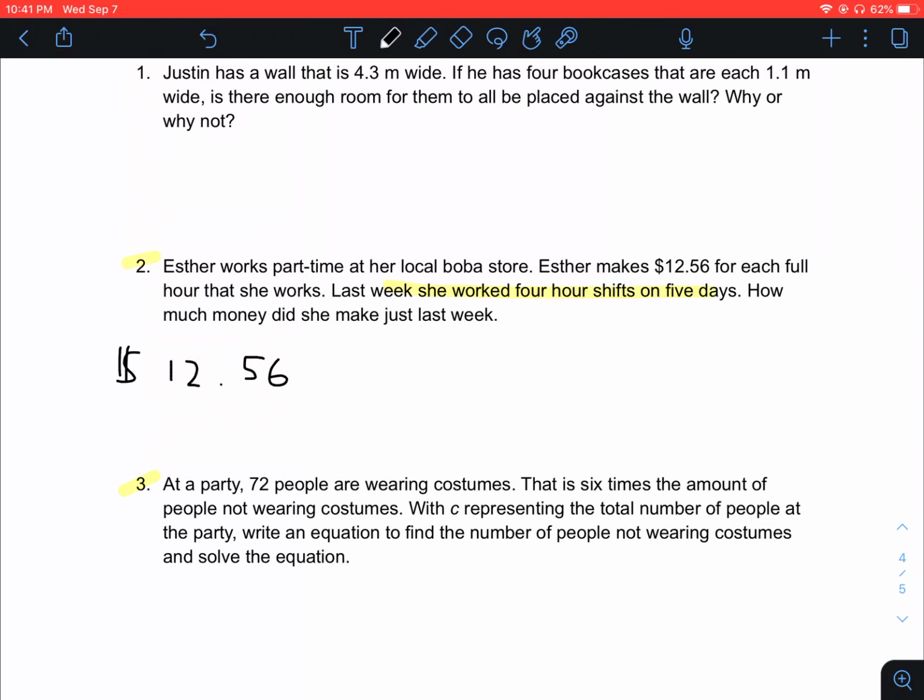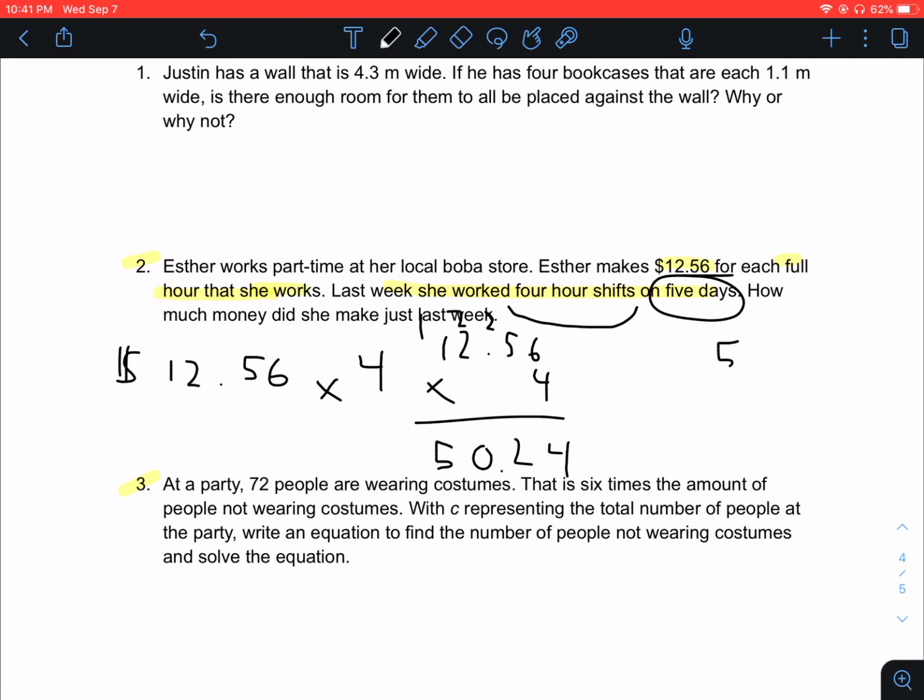So since she makes 12.56 for each full hour that she works, and it says she worked for 4 hours, we're going to multiply this by 4. And then it also says she worked for 5 days, so we have to put times 5.